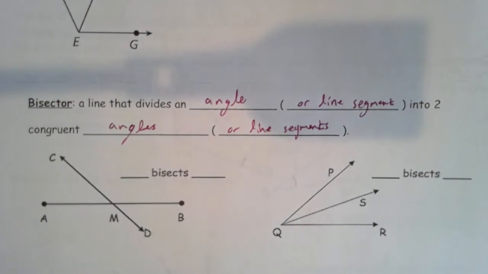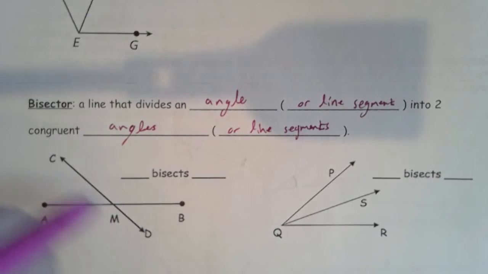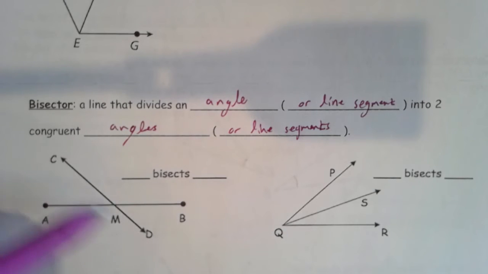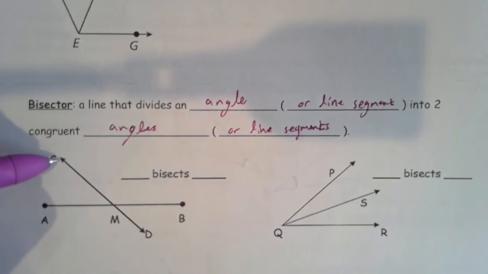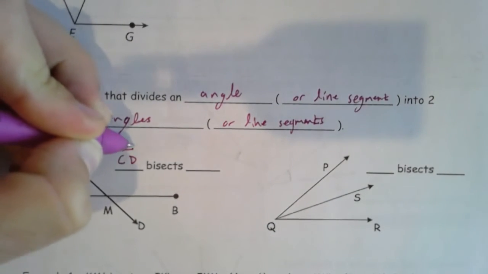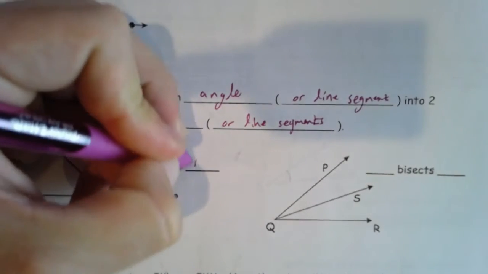So for example, here I've got a line segment AB. Notice I can't use CD because that is a line. You can't cut infinity in half. AB is a line segment, and so the line CD bisects line segment AB.